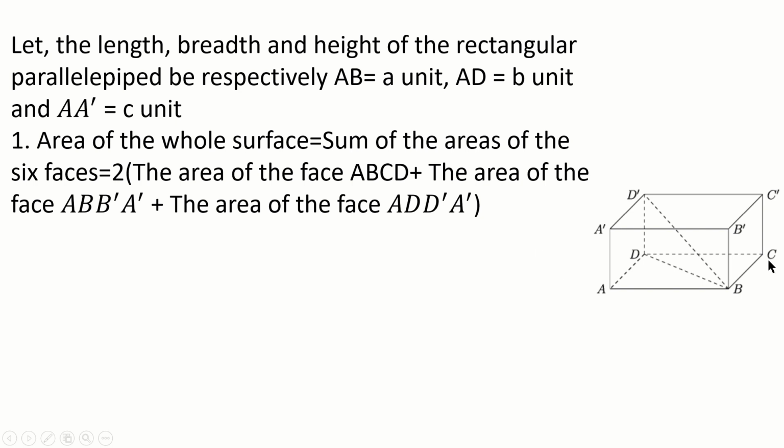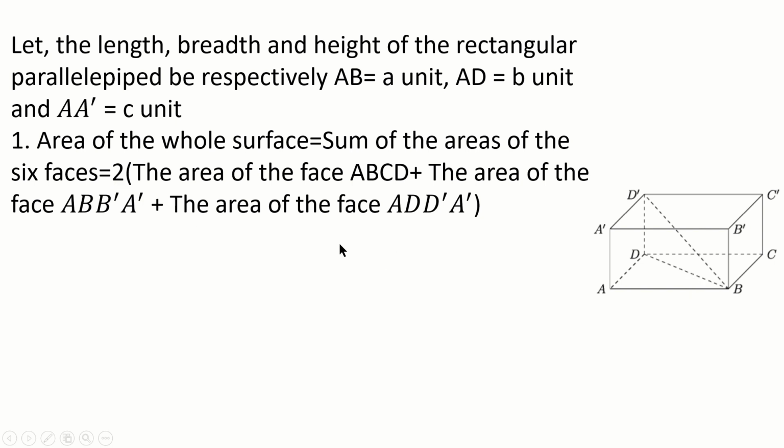Clear? Similarly, A, B, B', A'. This face and back face, that means D, D', C, are the same. So we can write any one of these as we have written here A, B, B', A' 1 time. So we take here common 2.